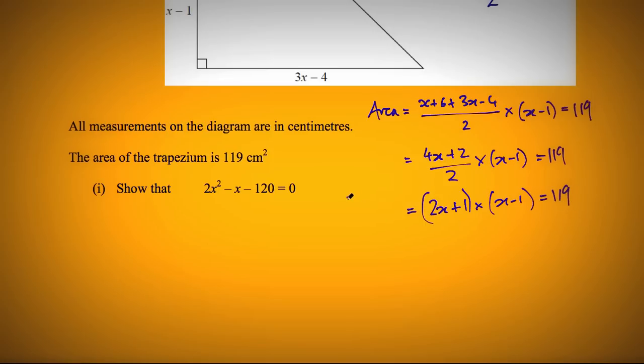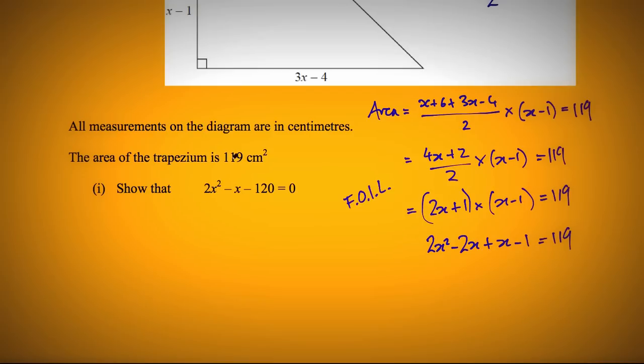Expanding those double brackets, we've got firsts, outsides, insides, lasts. Firsts, 2x times x is 2x squared. Outsides, minus 1 times 2x is minus 2x. Insides, plus x, and lasts, minus 1 equals 119.